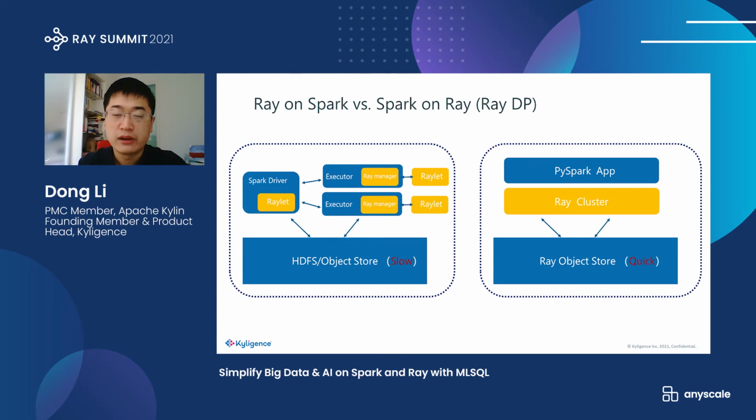The Spark driver and Spark executor will launch the Ray process to execute the Ray task. In this option, we found that an HDFS or object store is required to exchange the data between the Spark process and the Ray process. So each piece of data needs to be saved to disk, which is definitely slow and hurts the performance.